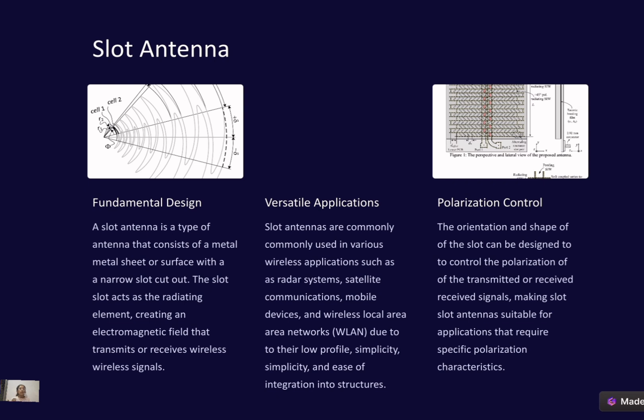Slot antennas are commonly used in various wireless applications such as radar, satellite communication, mobile devices, and wireless local area networks, that is WLAN, due to their low profile, simplicity, and easy integration into substrates.